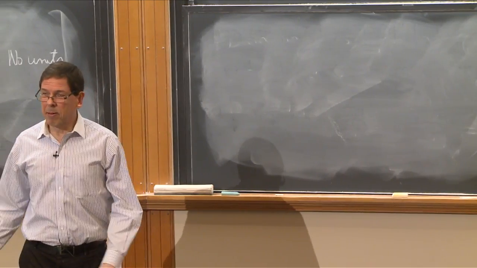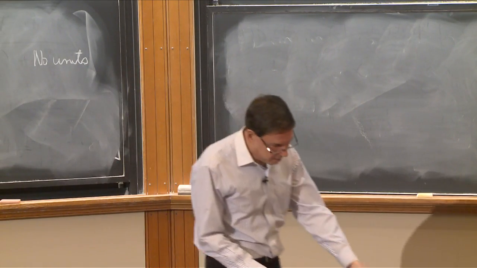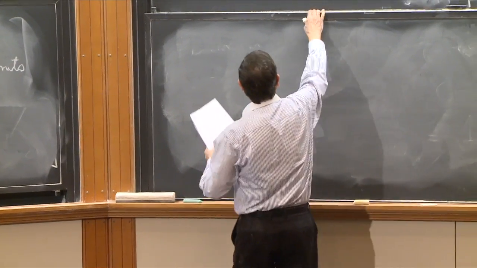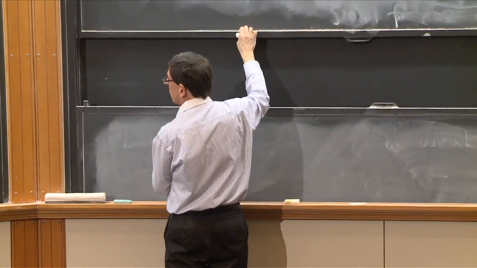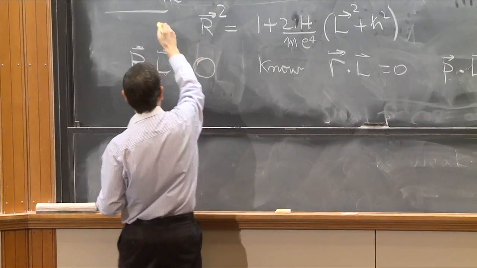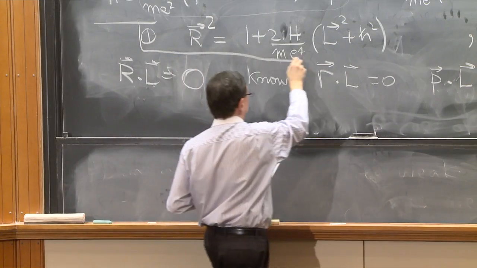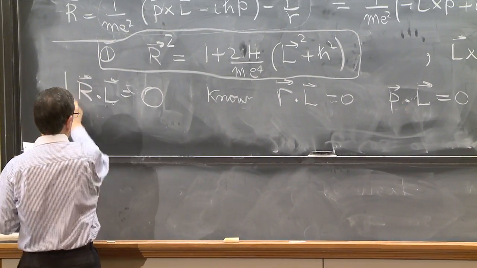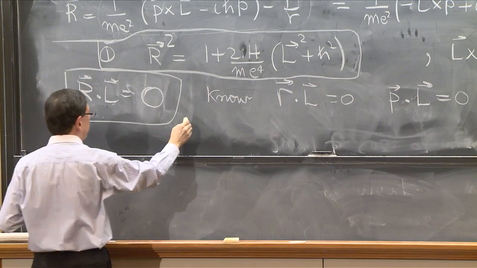Okay, let's continue. I wanted to number some of these equations, because we're going to need them. So this will be equation 1. This will be equation 2. It's an important one.